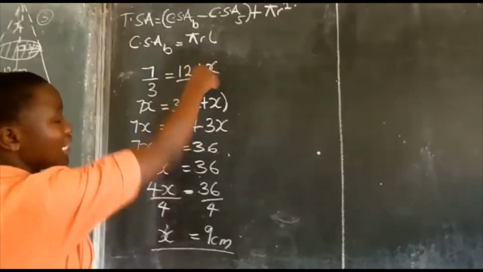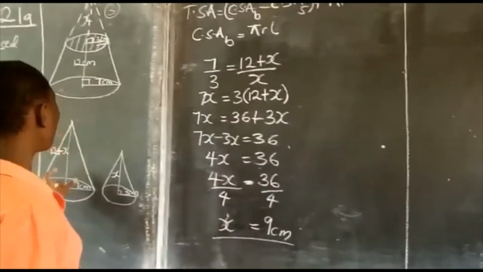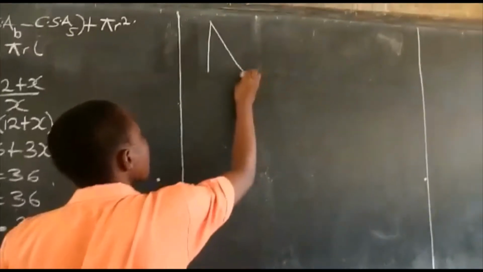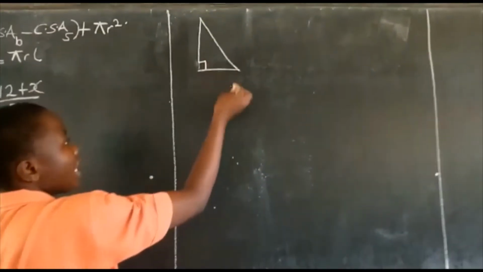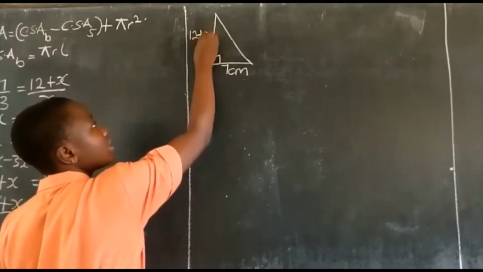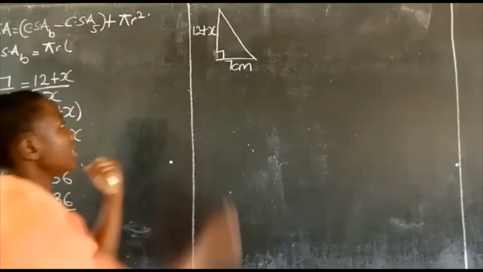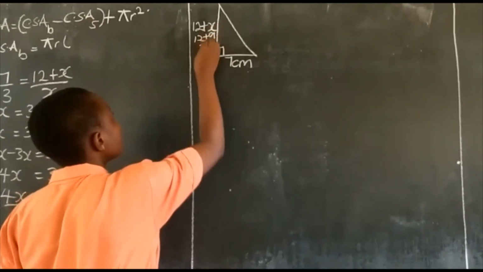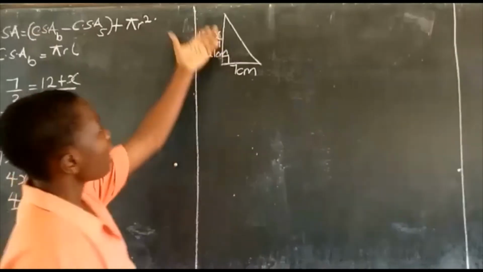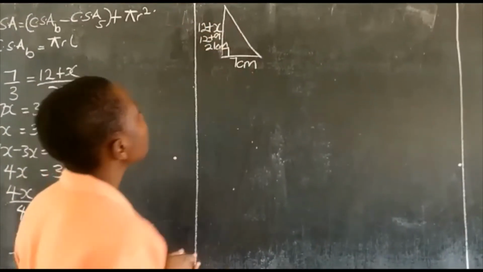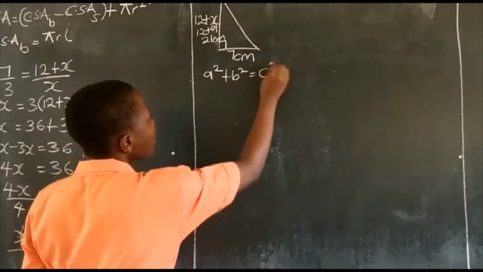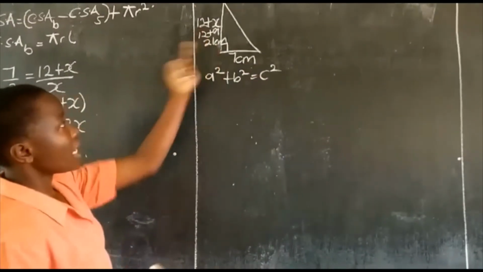But remember, we don't have the slanting side, but we have our triangle, which we are going to pick out from our big cone, and it will be this. It has a radius of 7 centimeters and a height of 12 plus x. And we found the value of x as 9, so it will be 12 plus 9 to give us 21 centimeters. We are using Pythagoras theorem to find the length, our slanting side. So it will be a squared plus b squared is equal to c squared. We have a as 7 and b as 21.